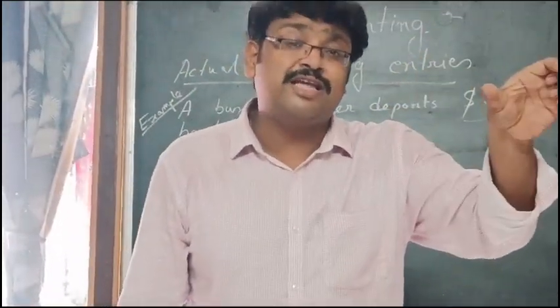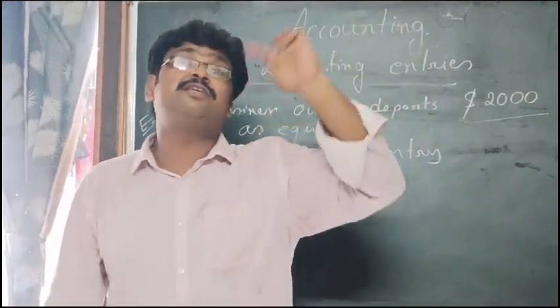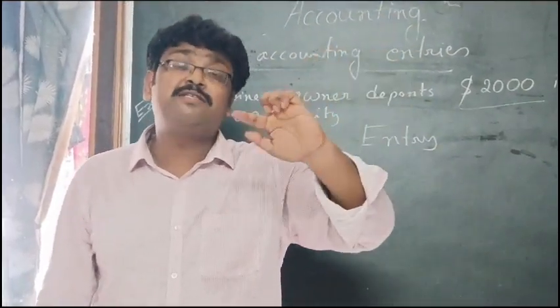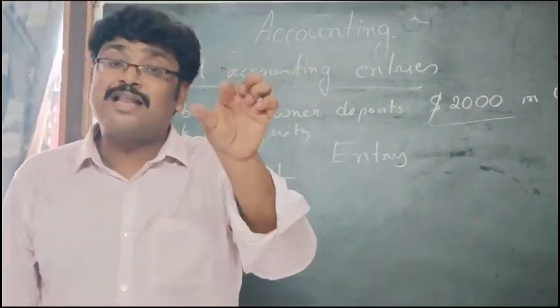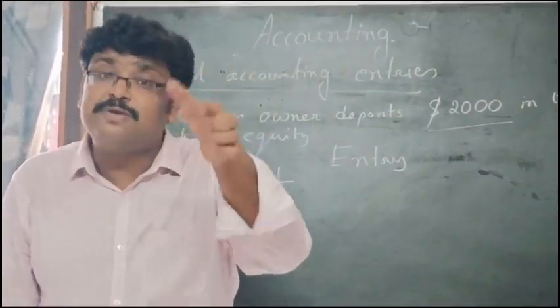So cash is an asset. So there is an increase in asset. If there is an increase in assets, then by the law we can understand that it is considered as debit.